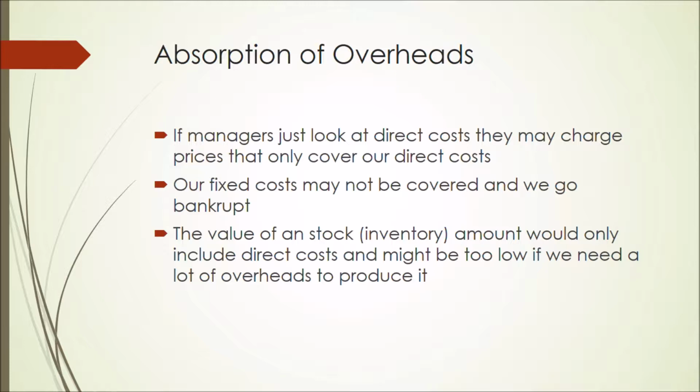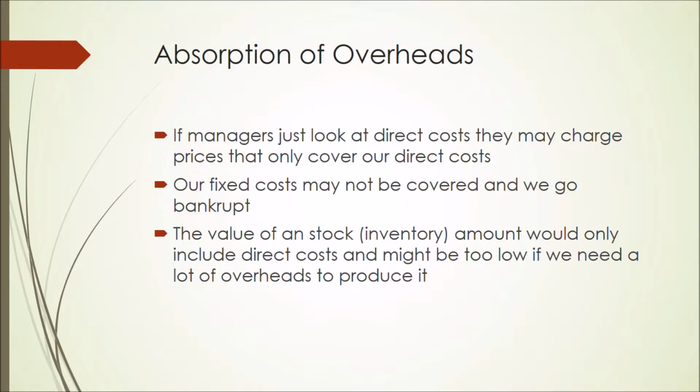The actual cost to make the car in terms of the metal and a person, rather than the robot making the cars, will be quite low. So the value of our stock, our inventory at the end of the year, might be really low if we're just looking at direct costs. And so we might understate the value of these cars that we produced but haven't sold yet. So again, we want to know what the overheads are per unit of production, so we can add it into the stock figure as well.